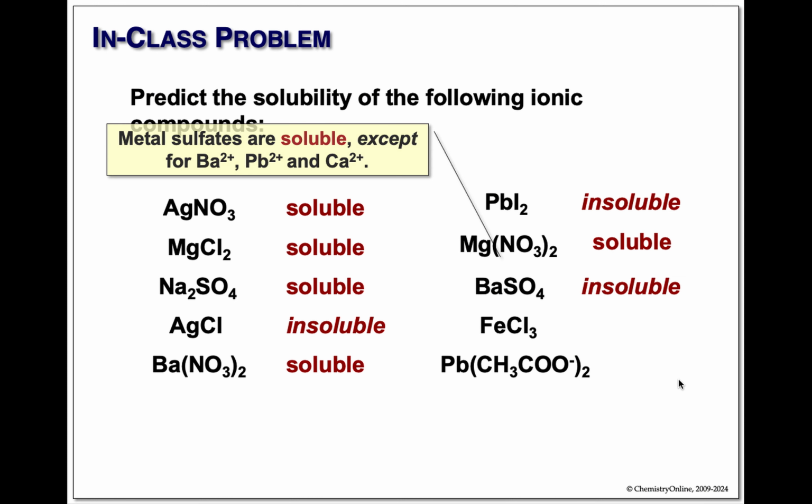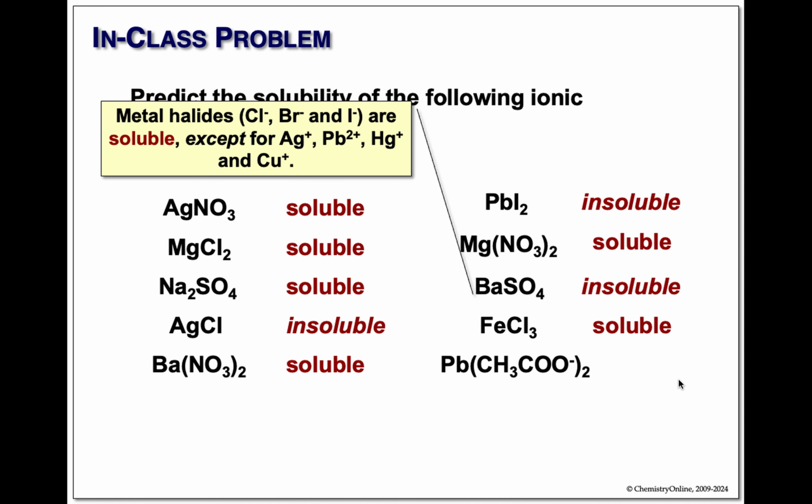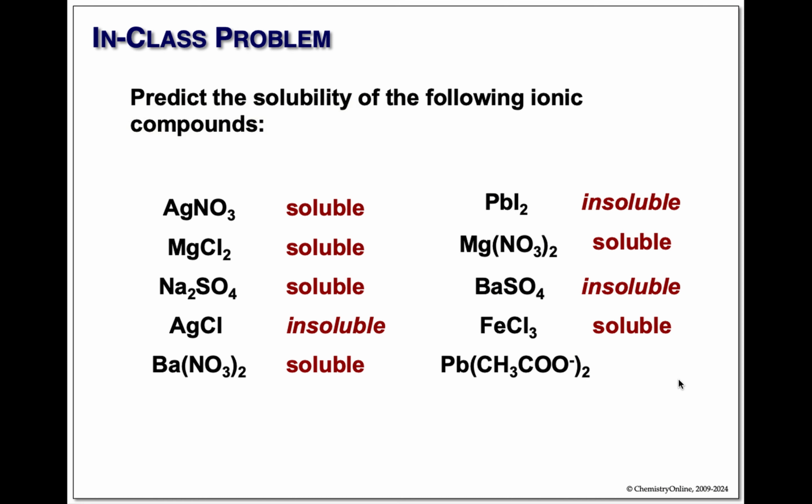Metal halides are soluble. Iron is not one of the heavy metals. It is soluble. And finally, what is this? That's acetate, right. Just like nitrates, all acetates are soluble.